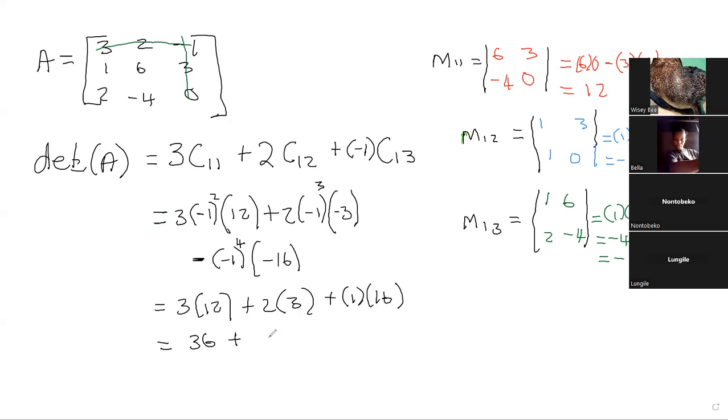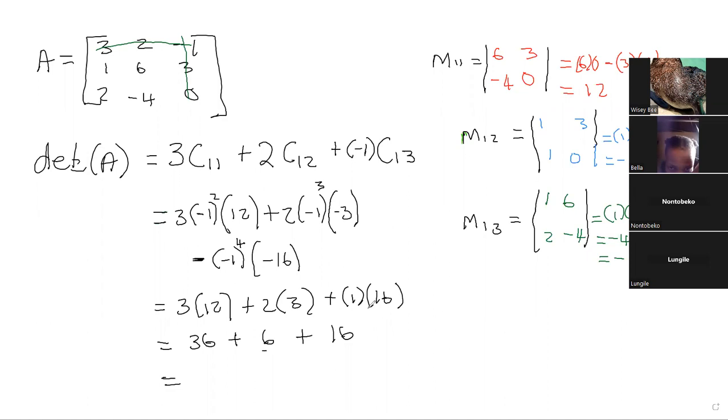Sorry guys, I'm just checking something to make sure. C12. How do you get C12? Yeah, this is correct. 6 plus 16. Why did they get 12? In the book, they got 12 here. I don't understand how they got 12.